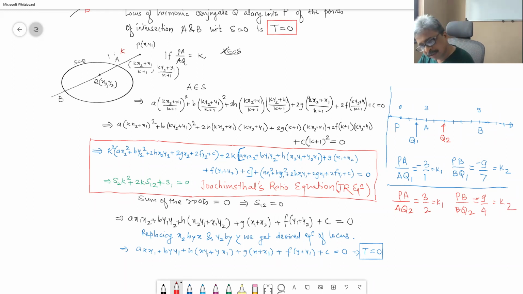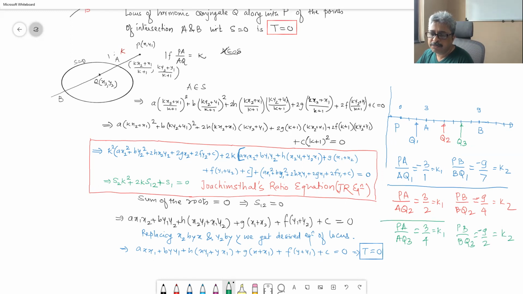So this is one ratio, this is another ratio. Then suppose Q3 is here. Then PA upon AQ3 is 3 by 4, that is my K1, internal division. And PB upon BQ3, PB is 9, BQ3 is 2, it is 9 by 2 with a minus sign.